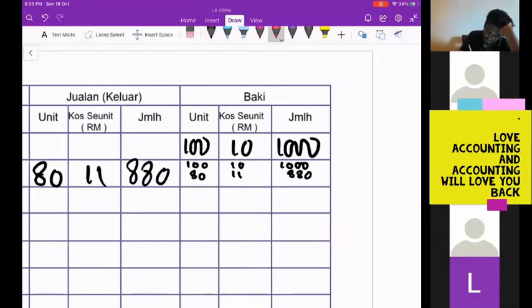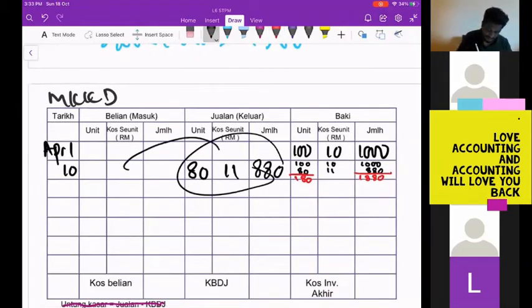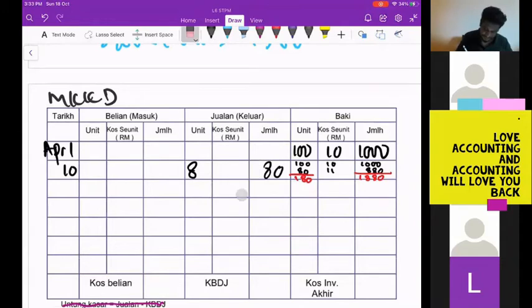So the total is 1880 still with me. Oh, I'm so sorry, this one's supposed to be here. I didn't see the top. Okay, beli 80 at 11, 880.